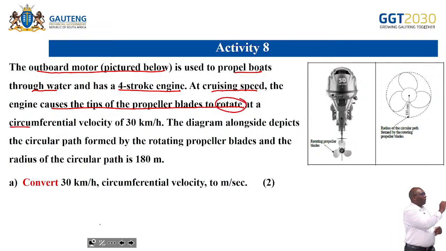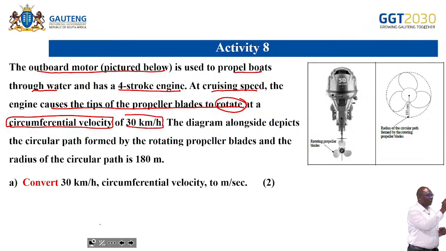At a circumferential velocity, see, this is where my information is, of 30 kilometers per hour. You see, now it is propelling, it's rotating the propeller blades. The propeller blades here are rotating at a circumferential velocity of 30 kilometers per hour.